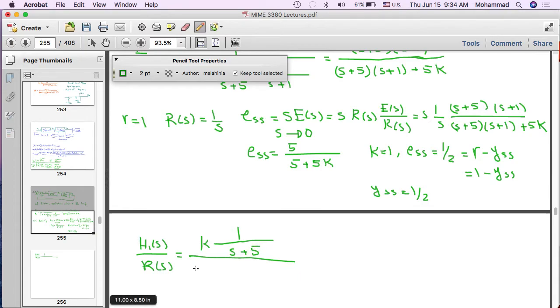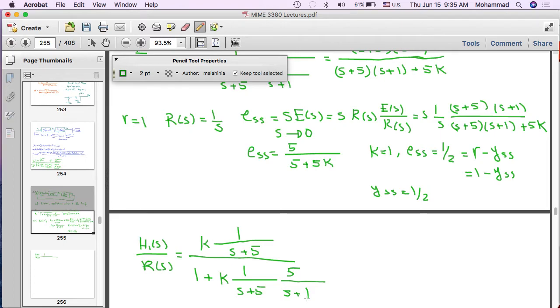How about the denominator? Just 1 plus and then the same thing. The same thing as 1 over S plus 5, or there is more? Actually, there is more. What is the next one? Times 5 over S plus 1. Exactly. So this is the transfer function.